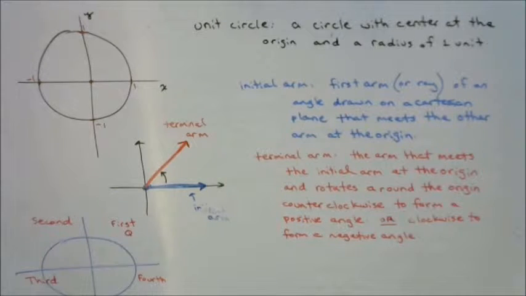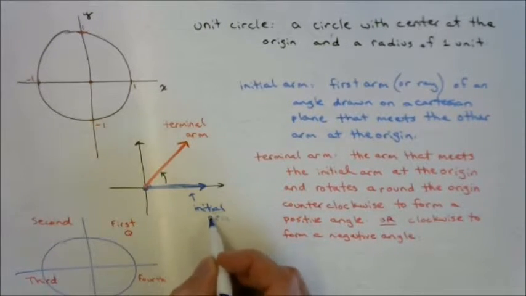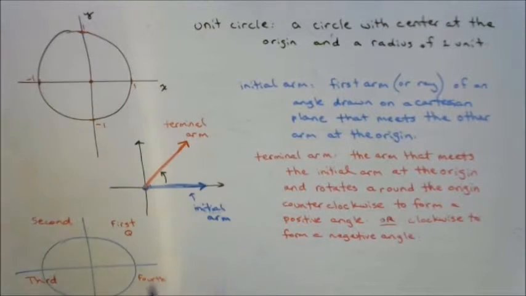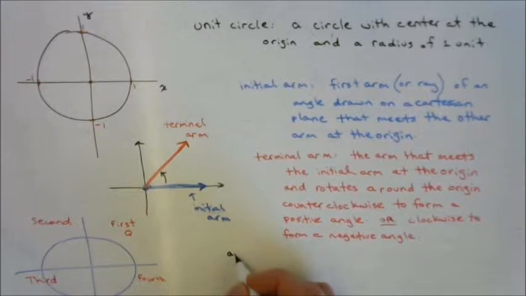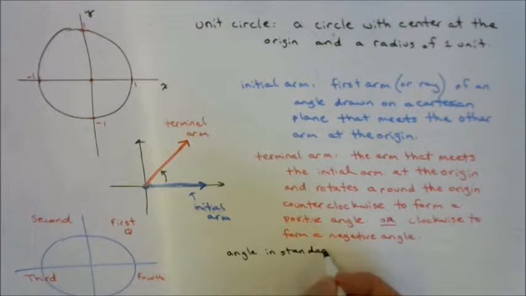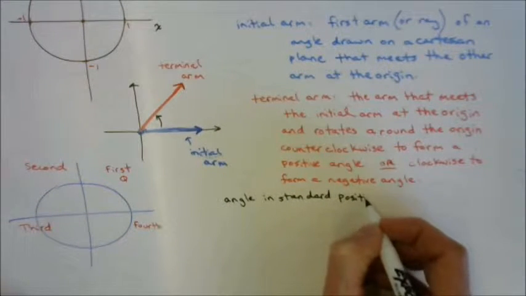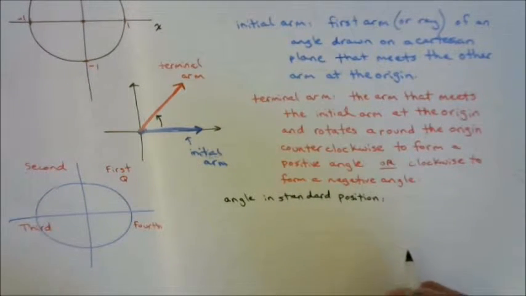Now, when it's drawn like our example is, with the initial arm on the x-axis and the terminal arm wherever it happens to be, this is called an angle in standard position. Jot that down.